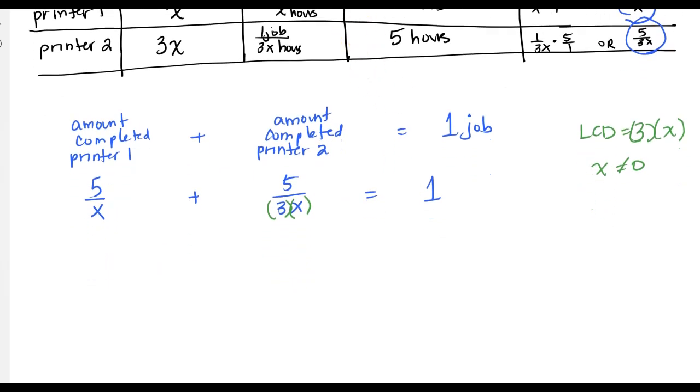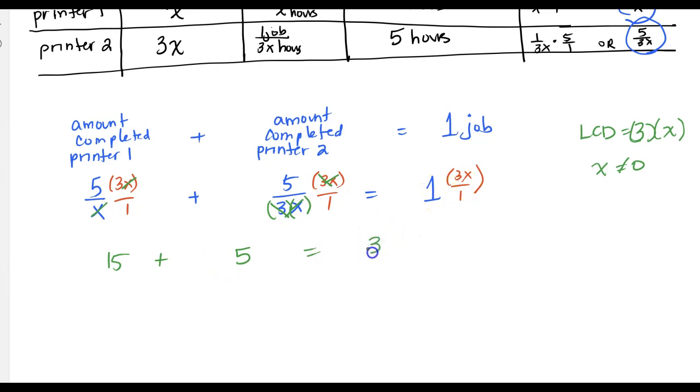So multiplying each one of these by that common denominator, 3x, and don't forget to multiply it to every single term in your equation to make sure that you've balanced your equation, we can simplify, and we have 5 times 3 is 15. And then here the 3 over 3 reduces to 1, and the x divided by x reduces to 1, and we get 5.